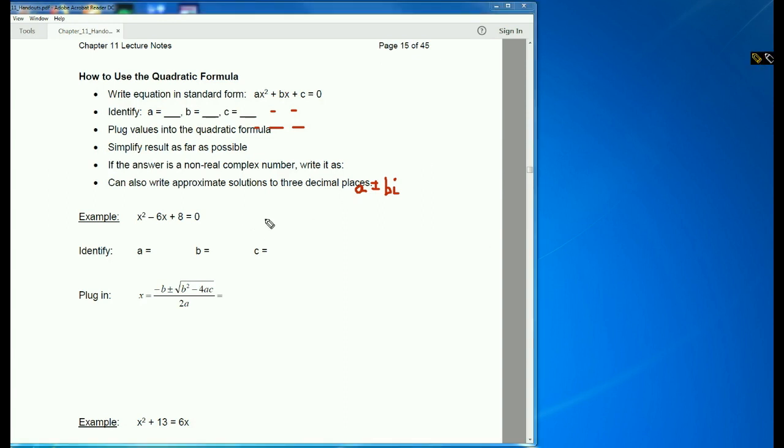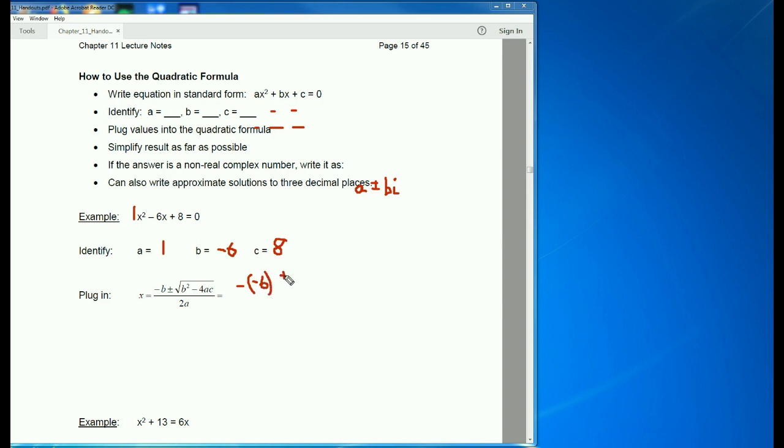So we've got x squared minus 6x plus 8 equals 0. So a is 1. Okay. b is negative 6. And c is positive 8. Okay. All right, so we're just going to take those numbers and plug them straight into the formula. So x equals negative b. So in this case, the opposite of negative 6. It's going to turn into positive 6, of course.